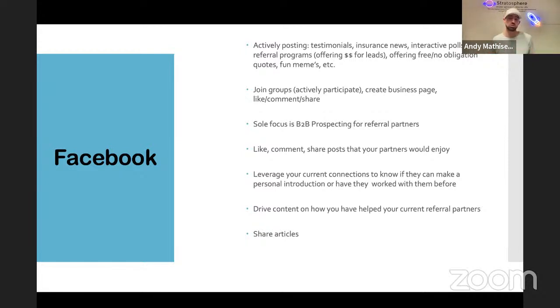I'm just getting to be friends with you, getting to know your family and what you do, what your hobbies are, and then I'm going to be gaining some intel about who you are that I can work on conversations with. And of course, you're going to like, comment, and share posts that your partners or your potential prospects would enjoy, right? Leveraging connections to make that rapport building process a little bit better.